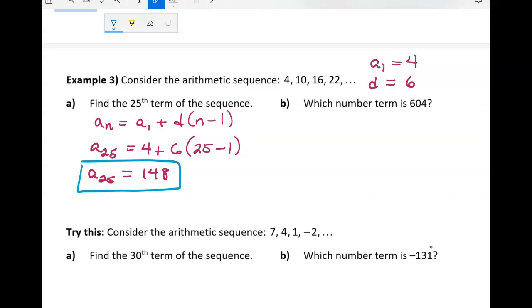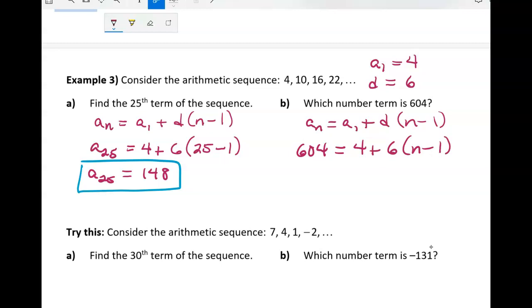Now in B, we're looking for which number term is 604. Well, this time we actually have the value of a sub n. Same formula, but this time the thing that we know is the value of the term. We just don't know what term number it is. A sub 1 is still 4, D is still 6.